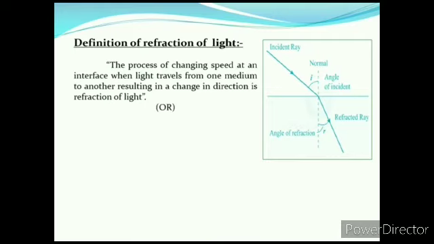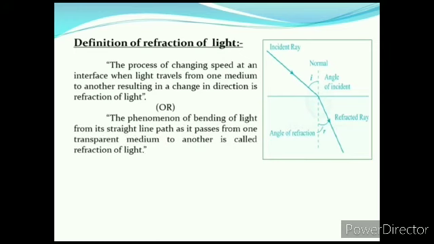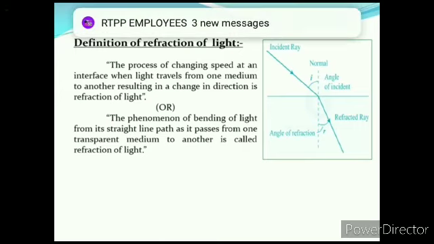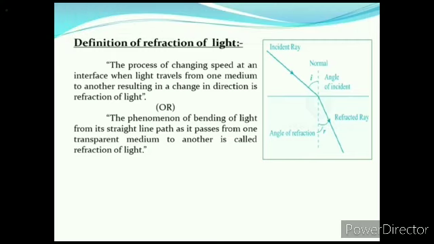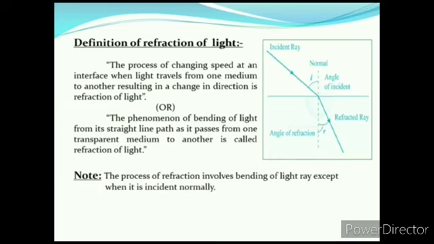Or, another way we may define it: the phenomenon of bending of light from its straight line path as it passes from one transparent medium to another is called refraction of light.